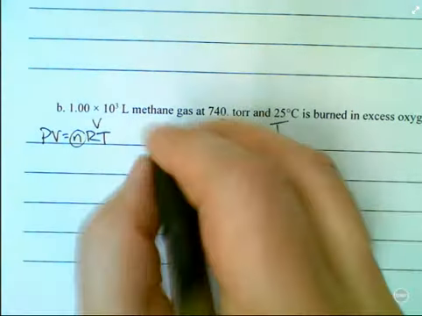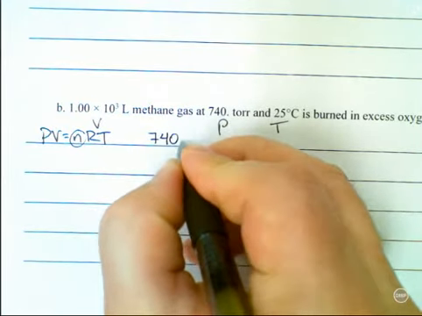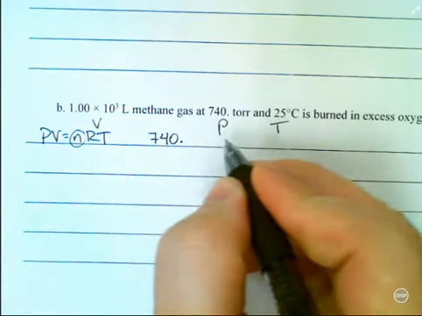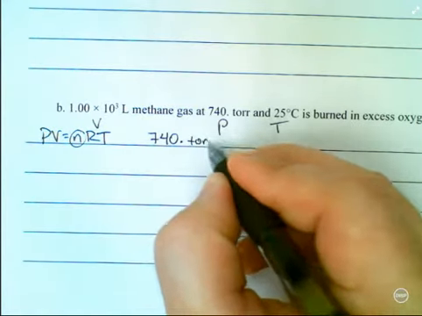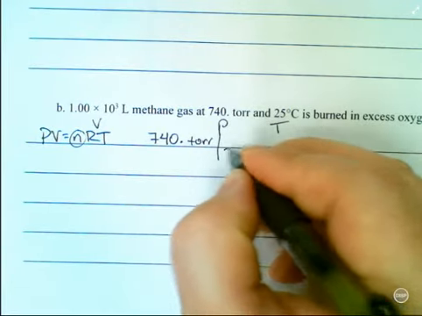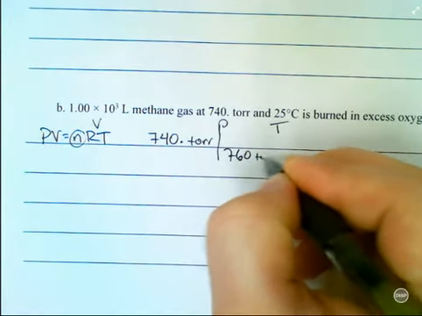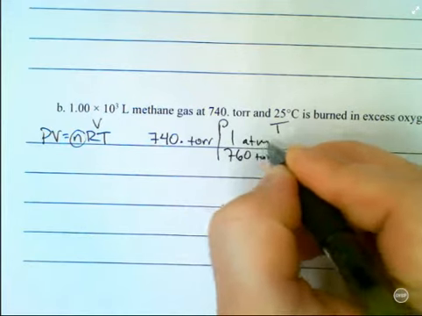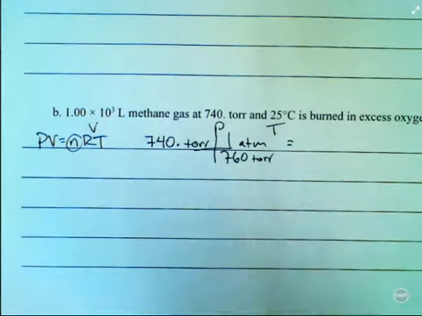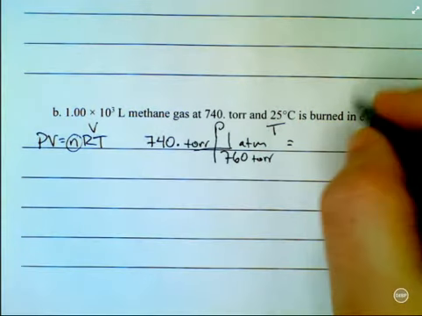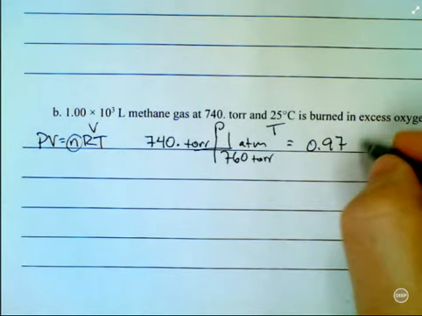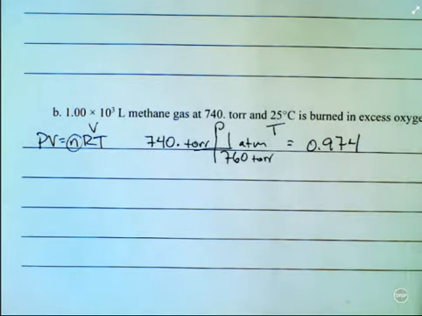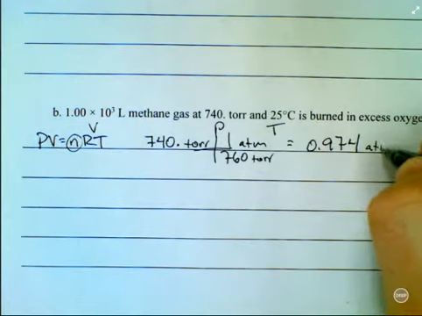So I'm going to take that 740, and I'm going to bring that decimal so I know that all three of those numbers are significant. 740 torr, convert it into atmospheres. Calculator, 740 divided by 760 is 0.97. And I'm going to use three significant figures, so that'll be 0.974 atmospheres.